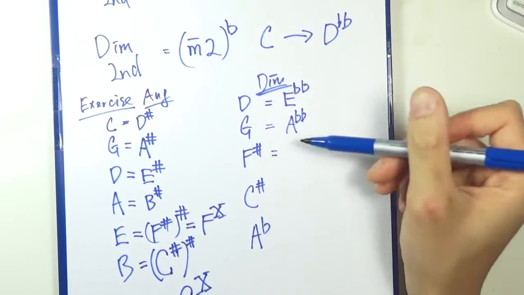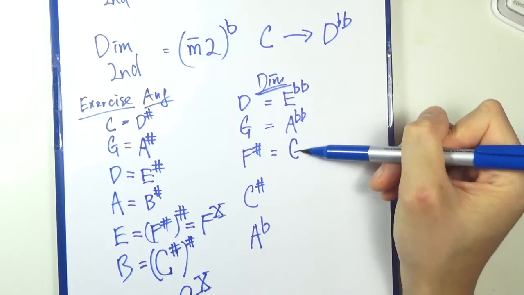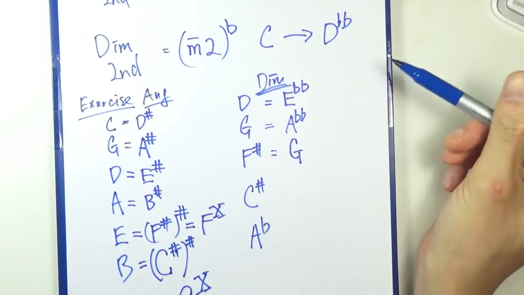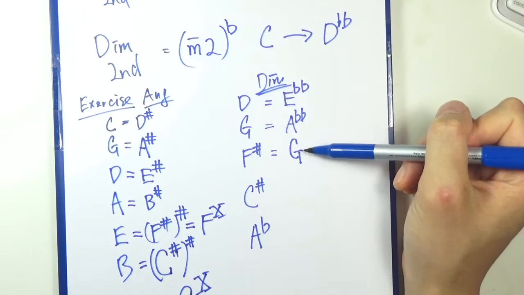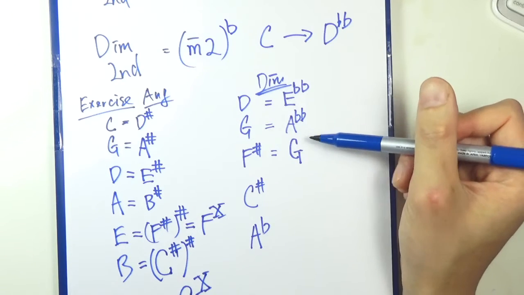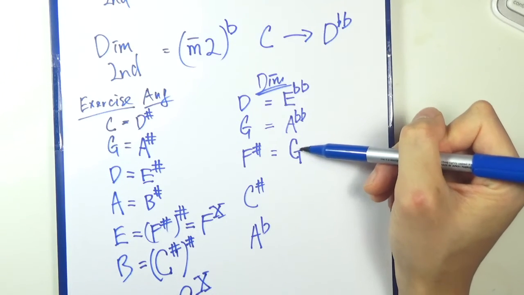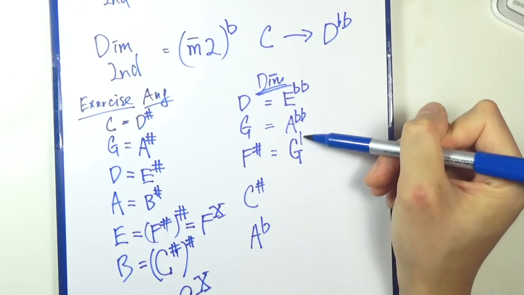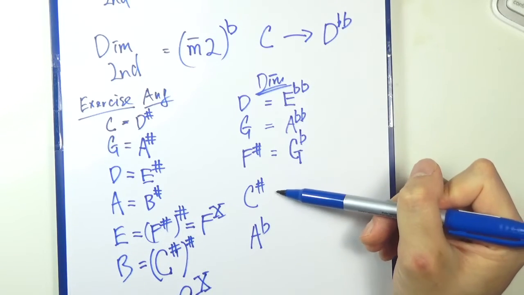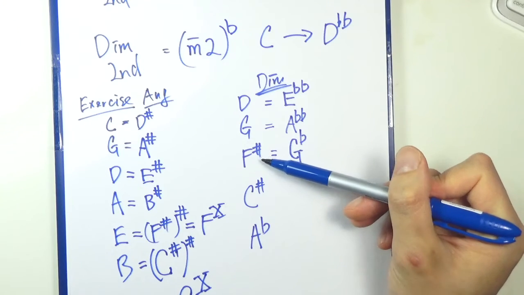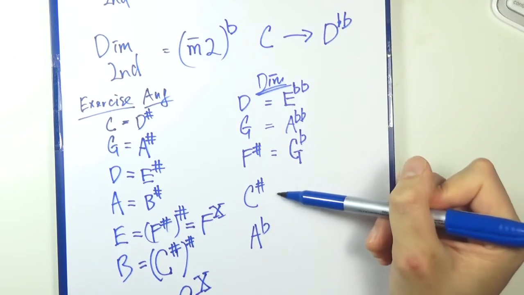F sharp, interesting. So F, G, alright. And then check the interval. F sharp and G, they are basically already a half step apart. So this one is already your minor second. So you put down a flat here, that should be your diminished second. And double check here, they are actually of the same pitch, so we're good.